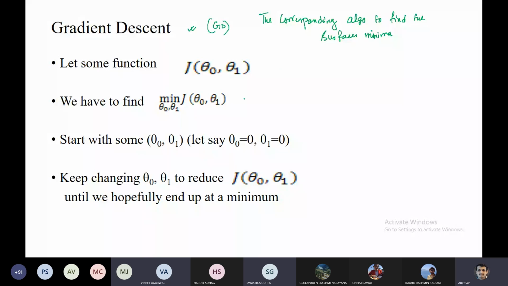So what are we going to do? We use some function j theta 0 theta 1, and we have to find the minimum of the surface. We start with an arbitrary theta 0, theta 1, and we keep changing theta 0 and theta 1 so that we can reduce j theta 0, theta 1. That is the idea, until we hopefully end up at a minimum.